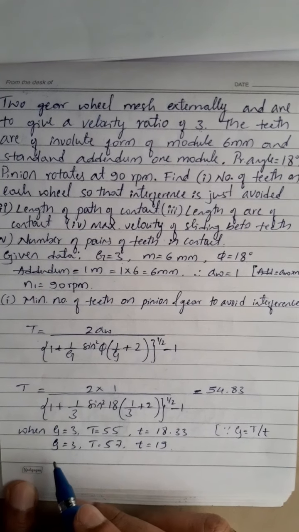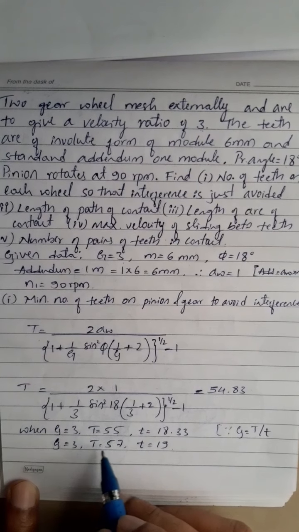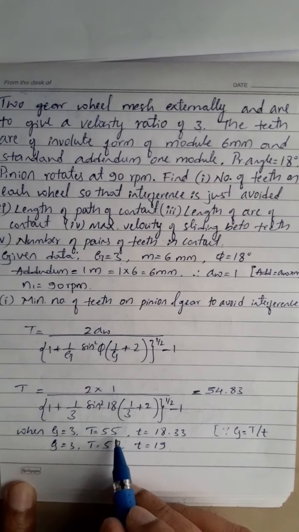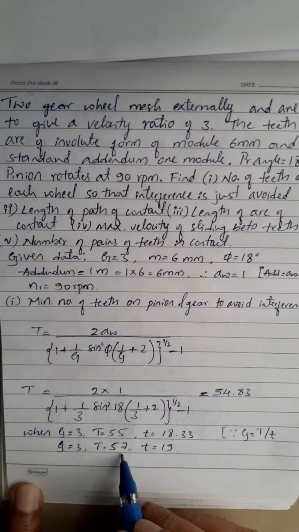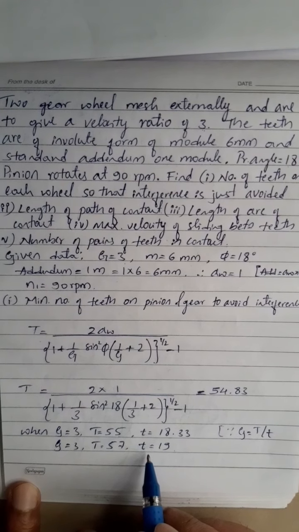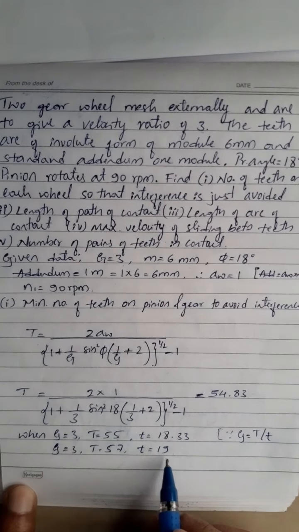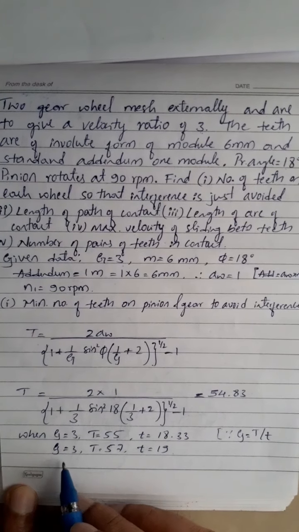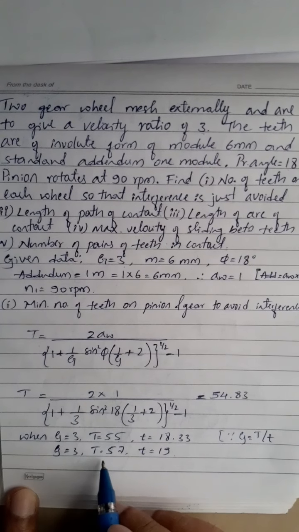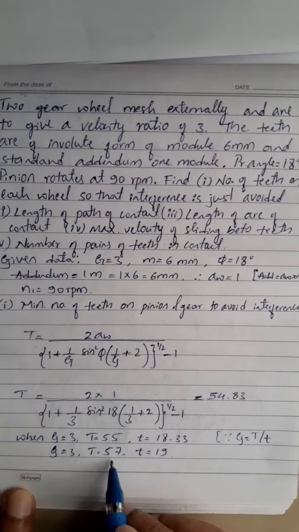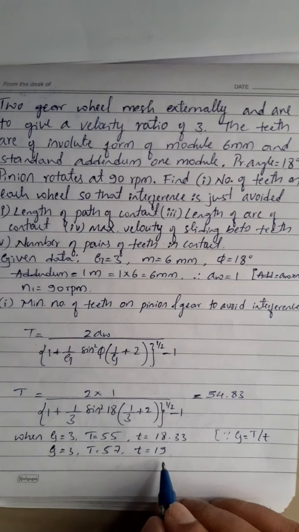Therefore, by trial and error method, keeping G value as 3 and increasing the number of teeth on the gear to 57, we get the number of teeth on the pinion as 19. So this is a suitable value. So we'll consider now gear ratio 3, number of teeth on the gear as 57 and number of teeth on the pinion as 19.